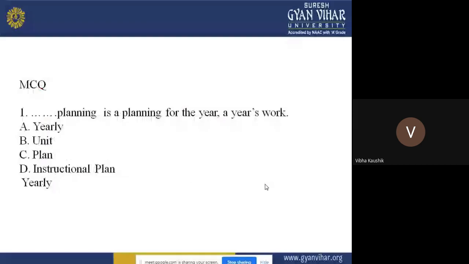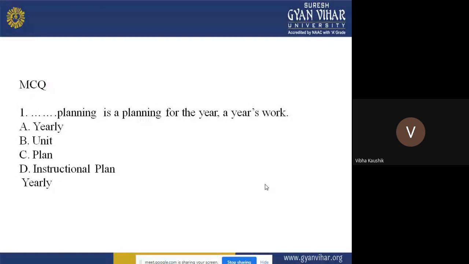Now let us discuss some MCQs on the topic we have discussed today, as MCQs are the best way to judge the learning outcomes of a particular unit of the students. First one: dash planning is a planning for the year, a year's work.